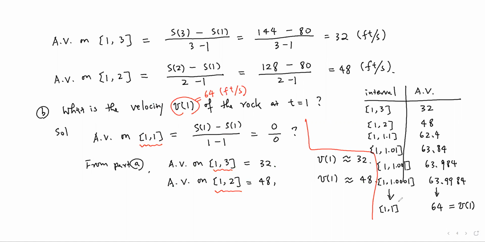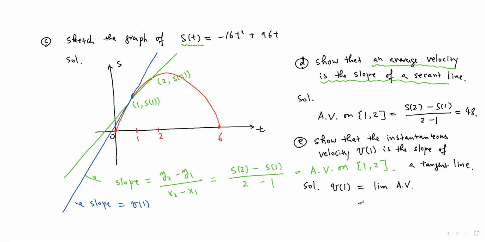Yeah, this is instantaneous velocity. You see, it is the limit of average velocity. But average velocity is the slope of a secant line. Right? This is part D, right? Average velocity is the slope of a secant line.